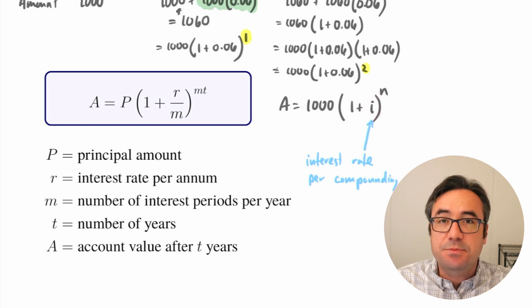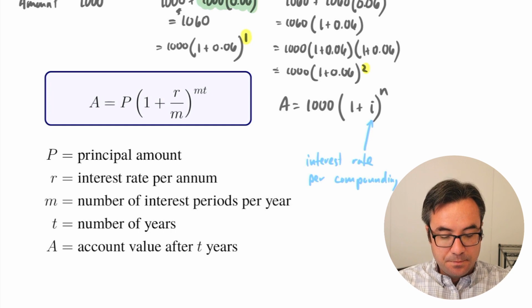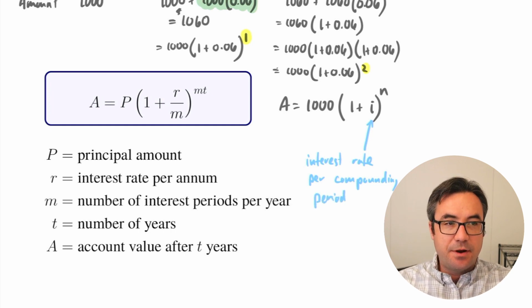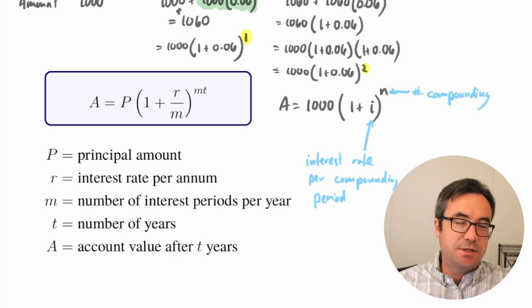It was just the 6% that the bank was giving us. And then the n value that's up in the exponent, that's the number of compounding periods. The bank was just paying us every year, so that was just how many years had gone by, essentially.